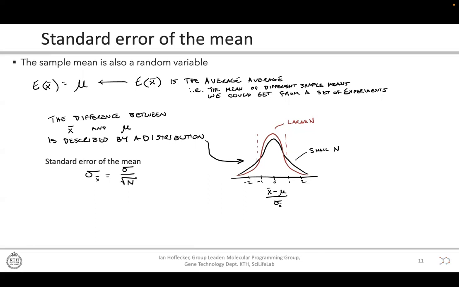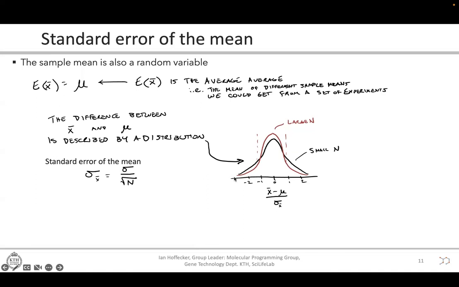If I take 10 measurements, I compute the mean, that has a value. I repeat the experiment, I take 10 more measurements, I take a new mean, that will have a different value. So X bar itself is a random variable. It's subject to fluctuation, and it's described by a probability distribution.